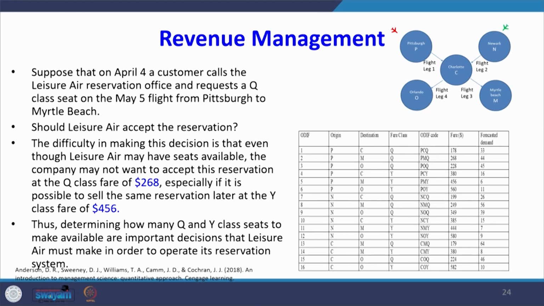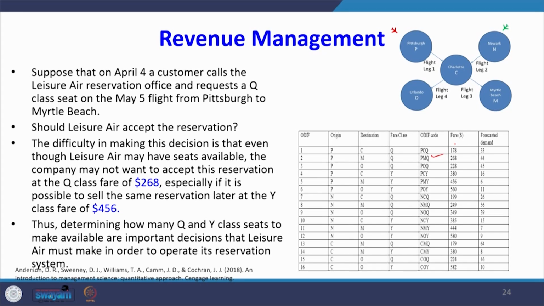Suppose that on April 4, a customer calls the Leisure Air reservation office and requests a Q class seat on the May 5 flight from Pittsburgh to Myrtle Beach. So, the variable is PM.